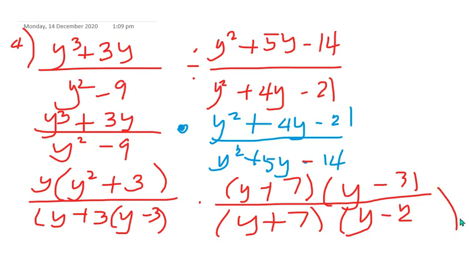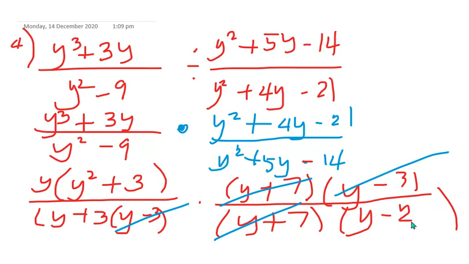Okay, and then simplify. Let's look at the 3y. So we have y plus 7 divided by y plus 7, y minus 3 divided by y minus 3.